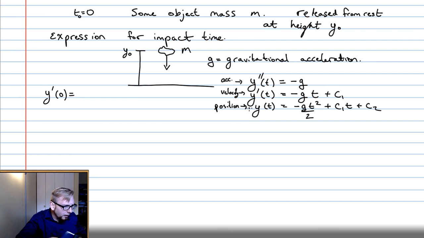We've got y prime of 0, which means the velocity started at rest, so y prime of 0 is 0.